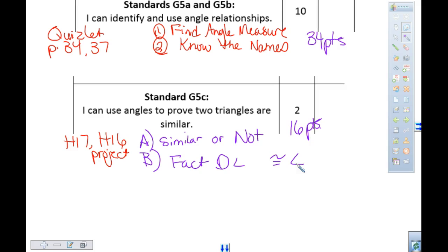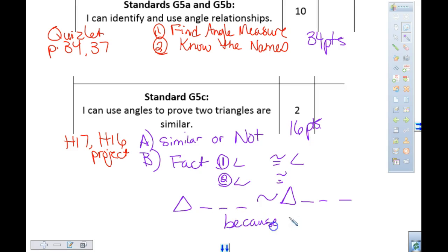And maybe at that point you stop because you can only give one fact and then you tell me something else about the triangle. But it's usually going to be that you tell me fact 1, fact 2, another angle congruent, and then you say triangle, and the order is super important, is similar to another triangle with the 3 letters, and you're going to give me the because, if they are similar, 2 pair of congruent angles. Okay? So that's what I'm going to be looking at.